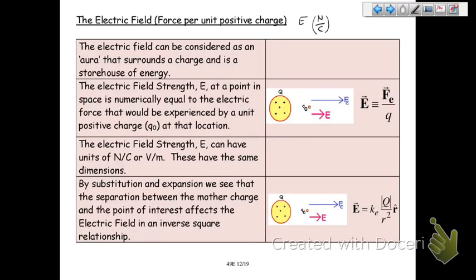The electric field strength, big E, is the equivalent of little g, the little g in mgh, which was actually a gravitational field vector. The electric field strength E at a point in space is numerically equal to the electric force that would be experienced by a unit positive charge at that location.